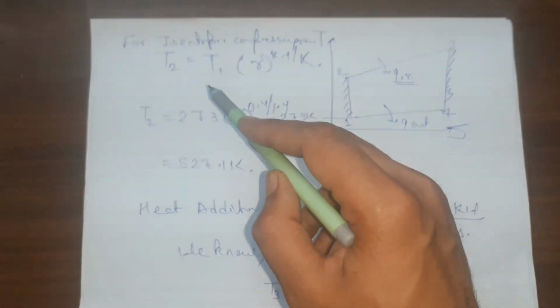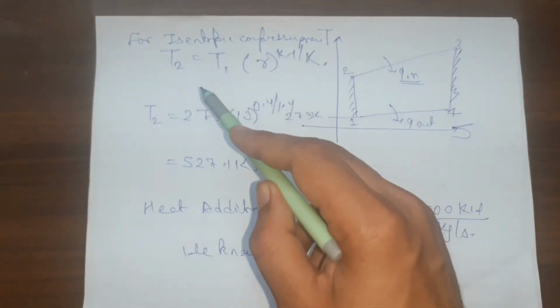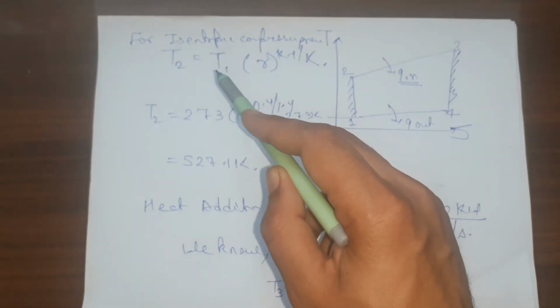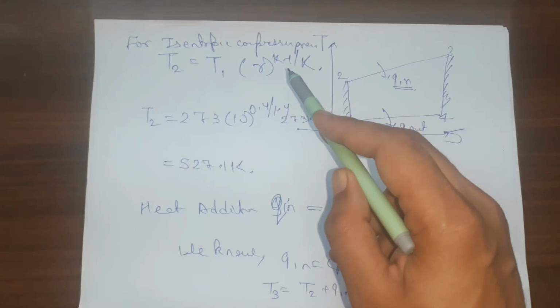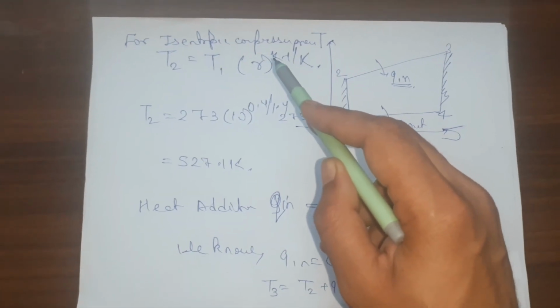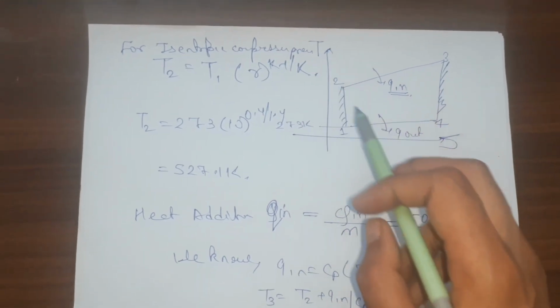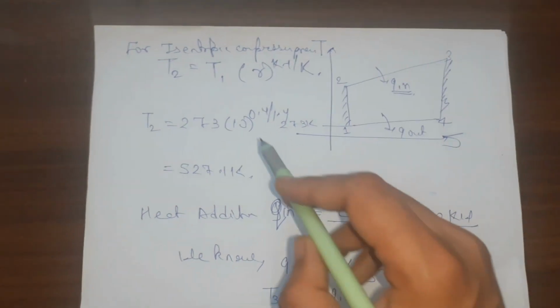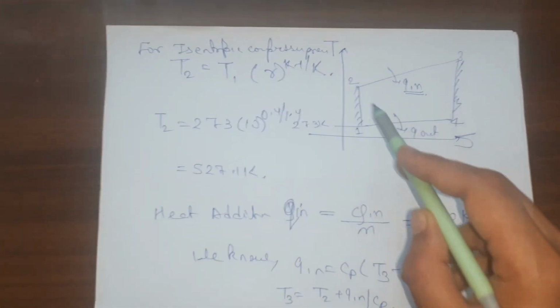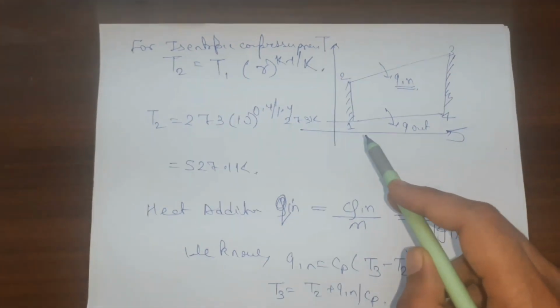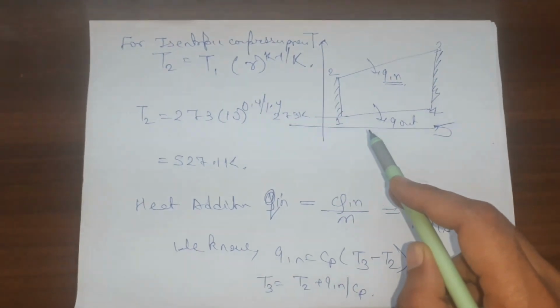For the isoentropic process we know that the temperatures are related as T2 is equal to T1 times R to the power of K minus 1 by K. This we have to remember. The R value is 10, the T1 value is 273, and the K value was 1.4. So K minus 1 came out to be 0.4.